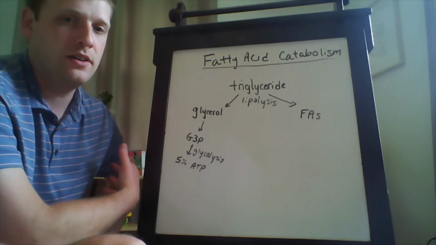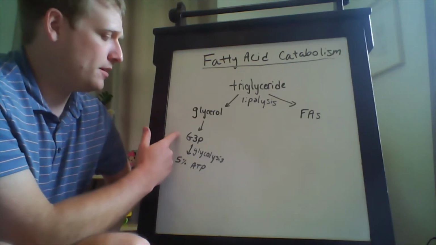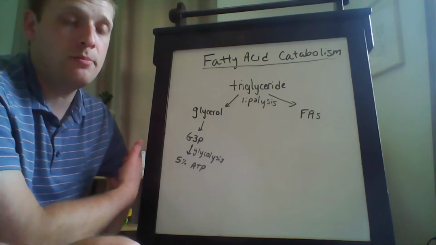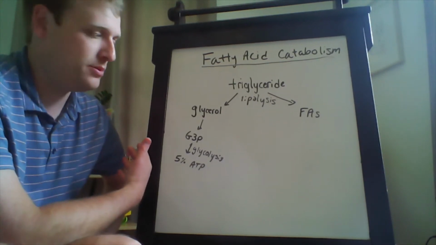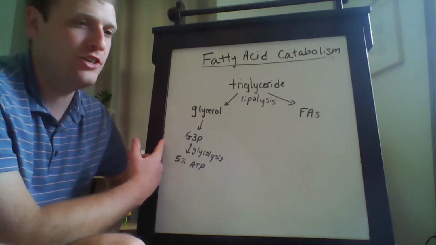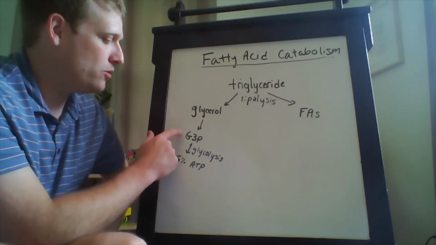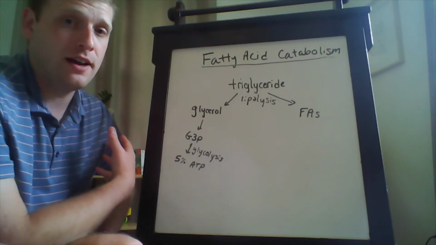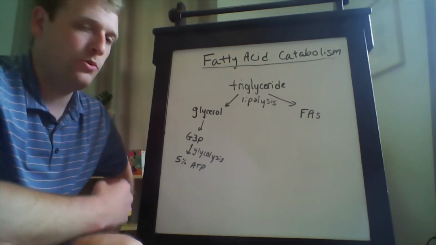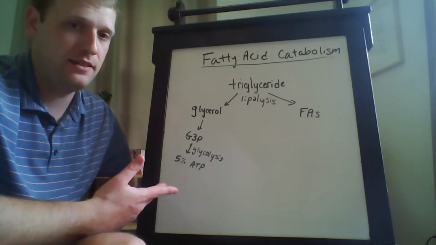breaking down glucose. Glucose is broken down by addition of phosphate groups that requires ATP input. That's the energy investment phase in glycolysis. So G3P is what's left over after you split glucose when you're getting to the energy payoff phase.